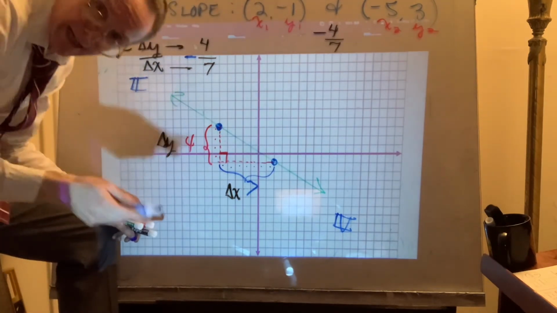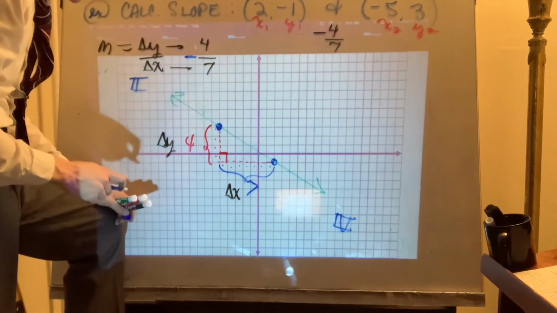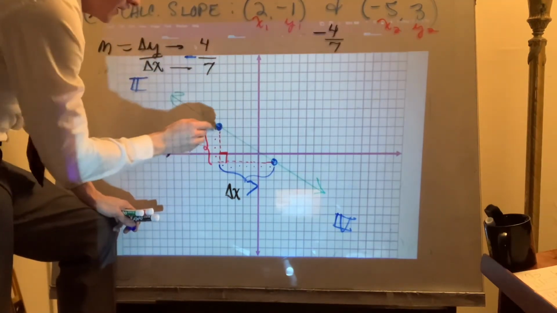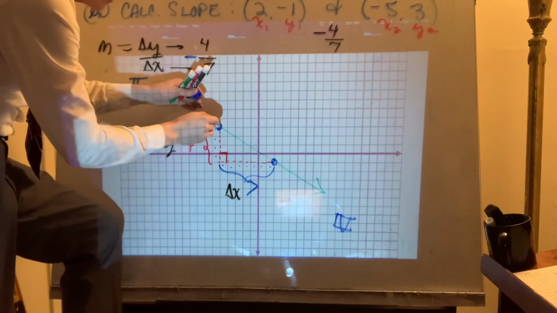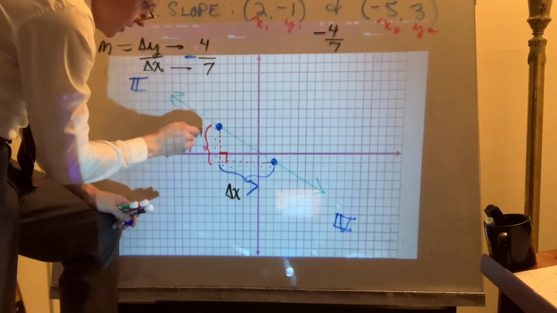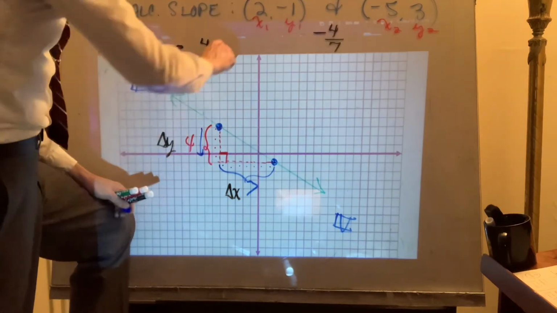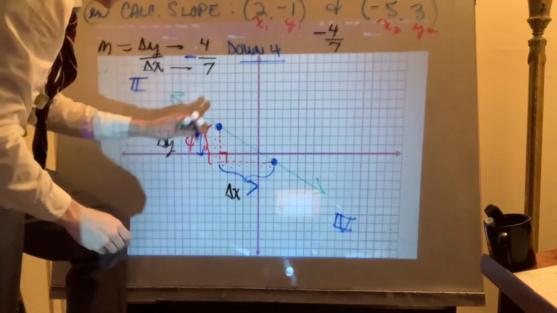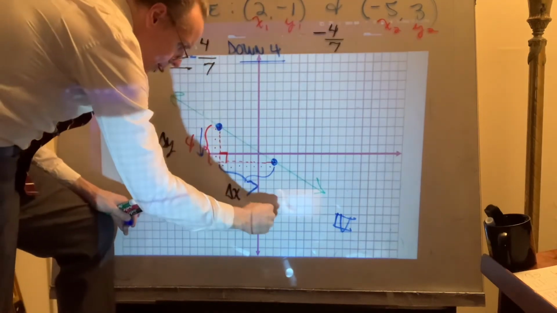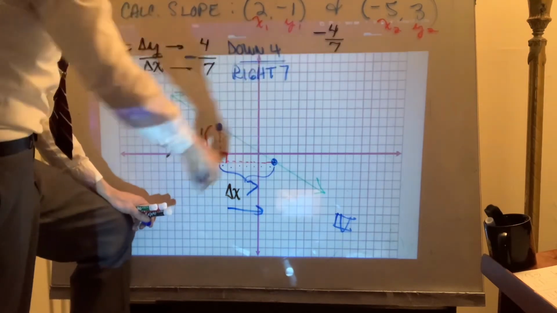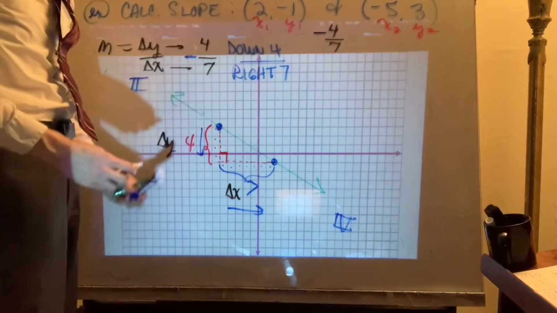You can figure that out if you memorize some fun facts. Otherwise, think about reading things from left to right. If you start here, a slightly higher place, the high ground, and you go to here, the low ground, you're down 4. So this is down 4, and then from there, if you head this way, you're going towards the right 7. Right? So there's more than one way to do it.